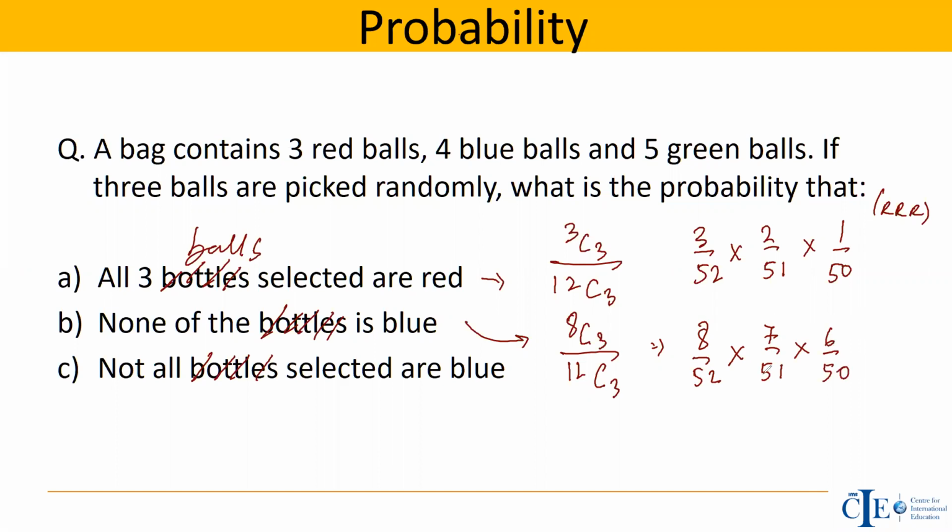Now in this case, should we multiply it by their rearrangement? Because it could be all three greens, right? Or three reds.